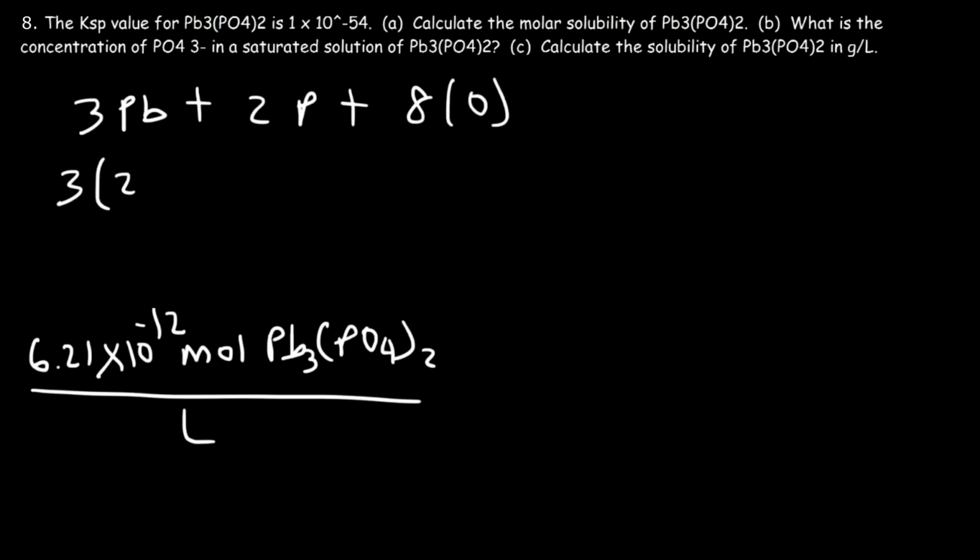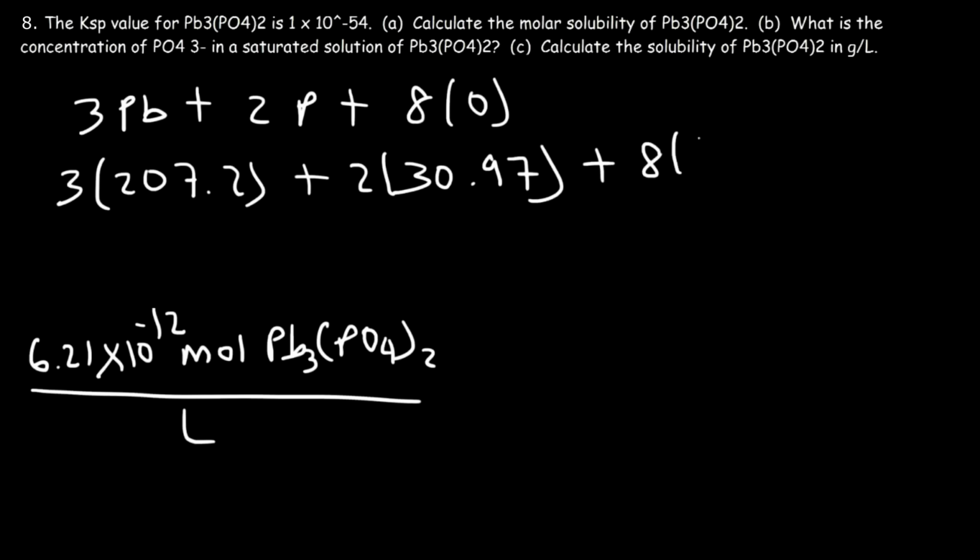Now the molar mass of lead is 207.2. For phosphorus is 30.97. And for oxygen, it's 8 times 16. So let's go ahead and plug in these numbers. So this is 811.54 grams per mole.